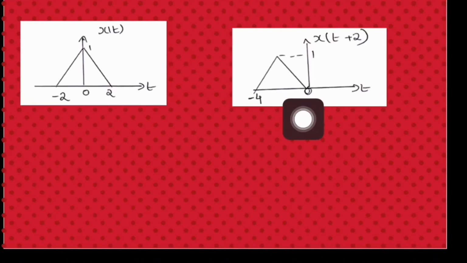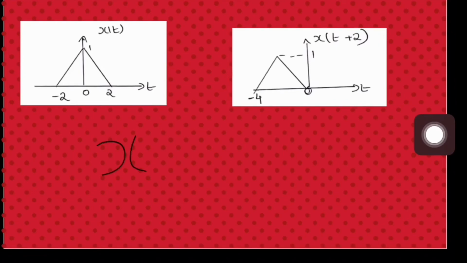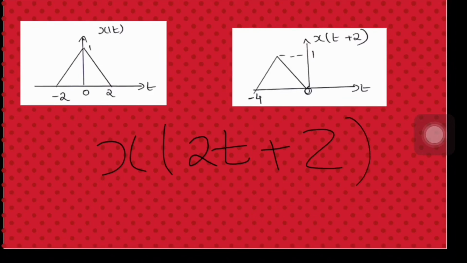Alright. Next we are going to scale this signal x of t plus 2 by a scaling factor 2. When we scale this signal by a factor 2, we get x of 2t plus 2. Now, can anybody tell me how to obtain the waveform of x of 2t plus 2 from this waveform? Any guess?